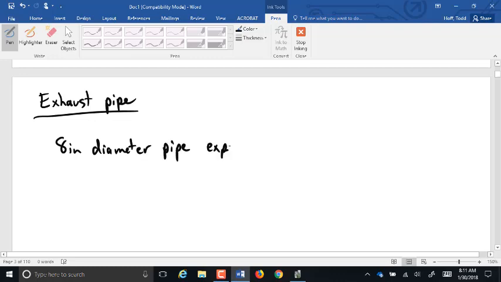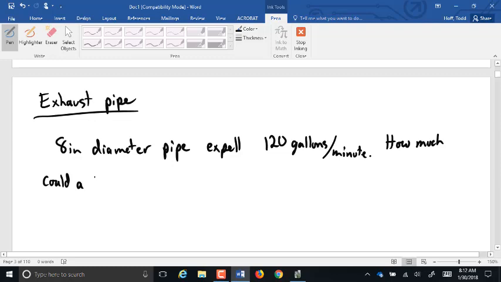It can expel 120 gallons per minute. How much could a 10-inch pipe expel?